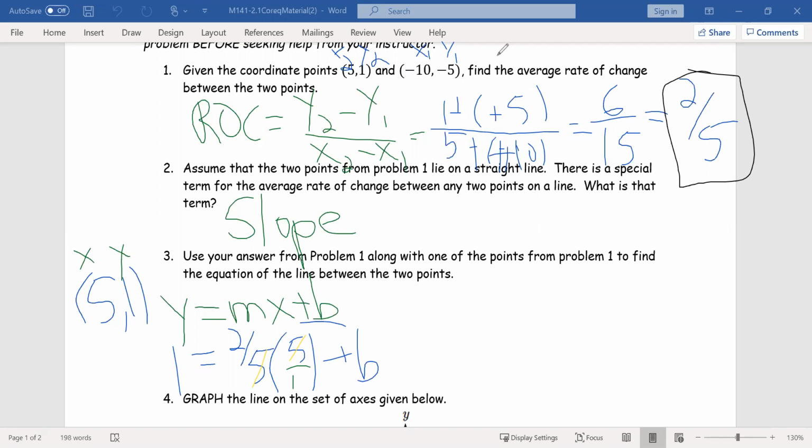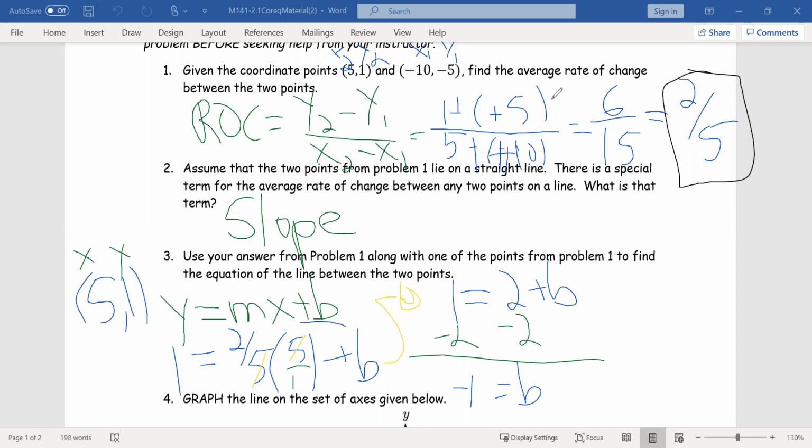When I multiply that fraction, I end up with 2 over 1, which is just 2. So now our equation looks like 1 equals 2 plus b. We can solve for b by subtracting 2 from both sides, and we get b equals -1.